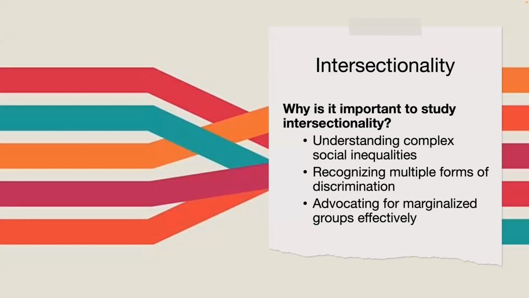And second, recognizing multiple forms of discrimination, intersectionality encourages us to move beyond a single-issue perspective and consider the interconnected nature of social identities and systems of power. And finally, advocating for marginalized groups effectively. When we study intersectionality, we get insights into the specific needs and experiences of marginalized and underrepresented groups.